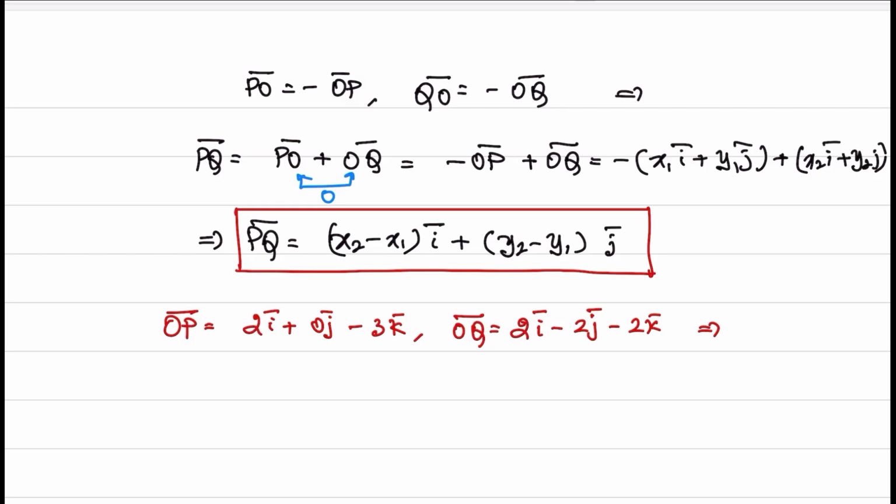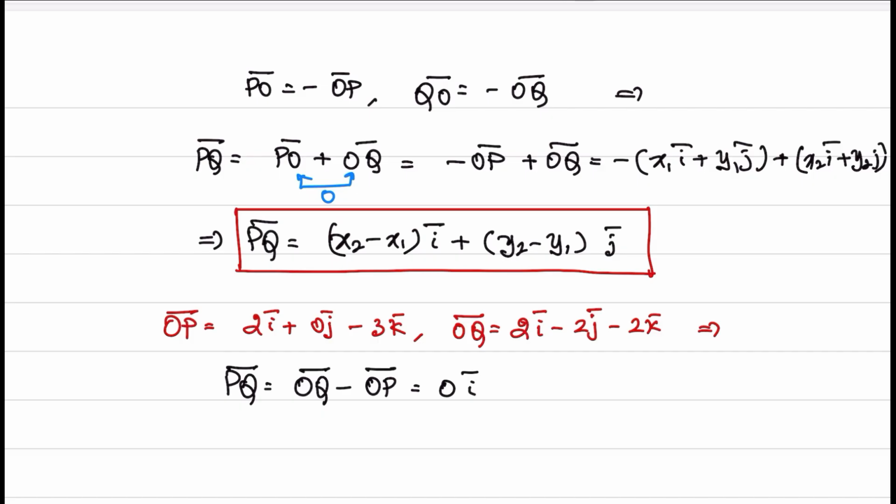What is PQ? PQ is equal to OQ minus OP. OQ is 2i. Two minus 2 is 0, this will be 0i.